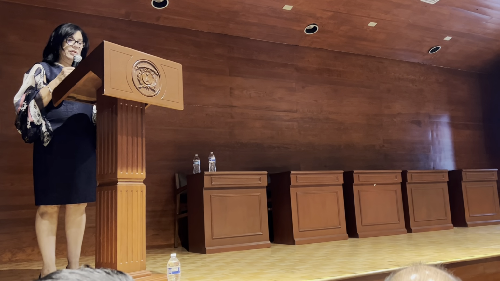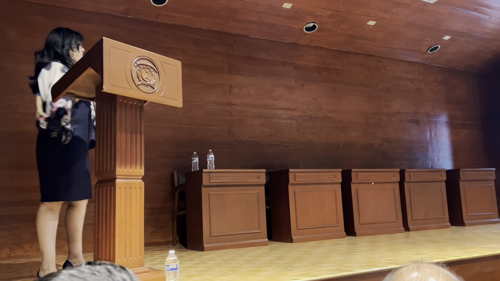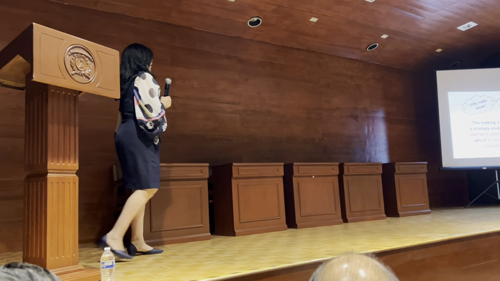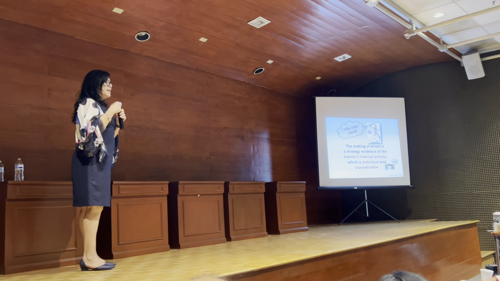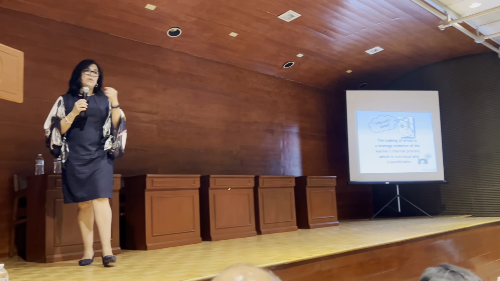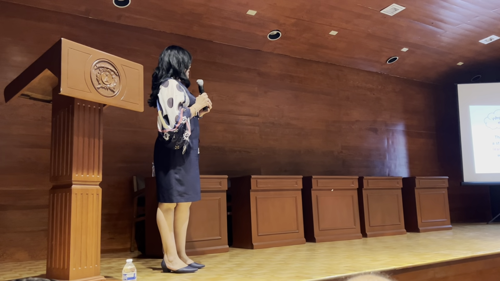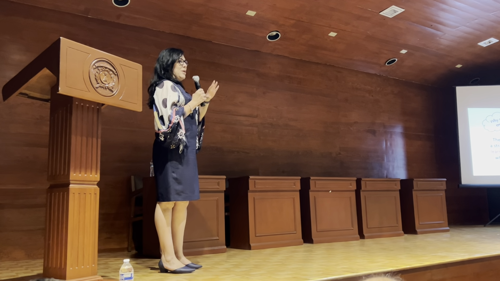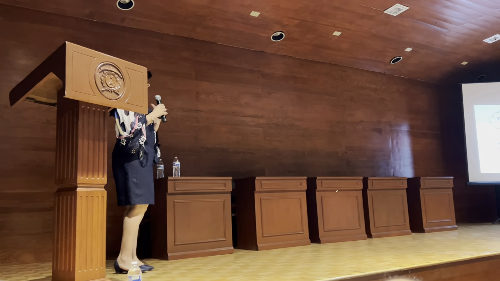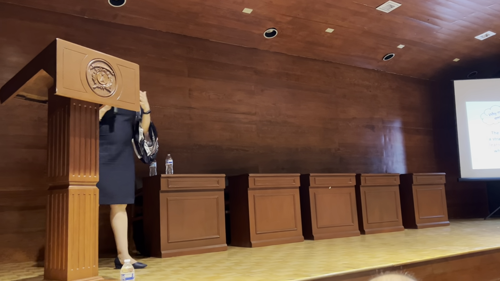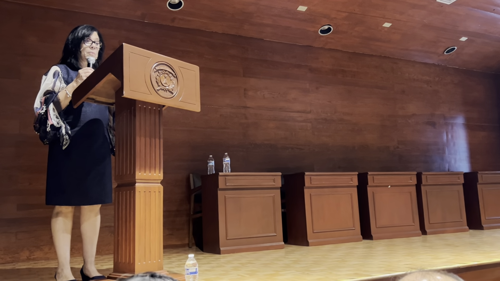Why make errors? Making errors is a strategy, evidence of the learner's internal process, which is individual and unpredictable. We don't even know in our own language when we are making a mistake or committing an error. So it is always unpredictable. The same thing happens with individuals when learning a language. We never know when we are making a mistake or committing an error.